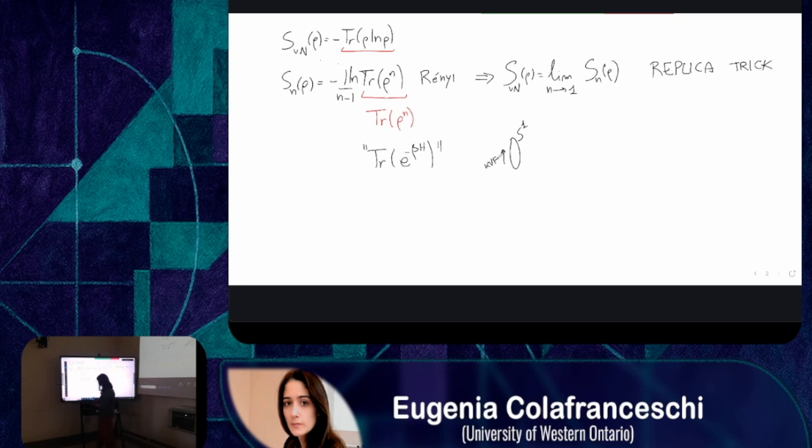We are going to see now the Lewkowycz-Maldacena generalization, in which instead we compute something like the trace of a generic density matrix, and in particular then this generalization to the density matrix to some exponent.